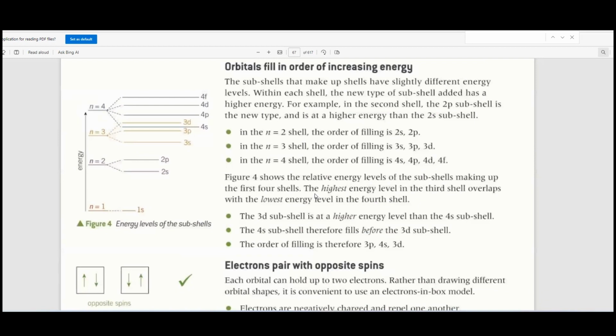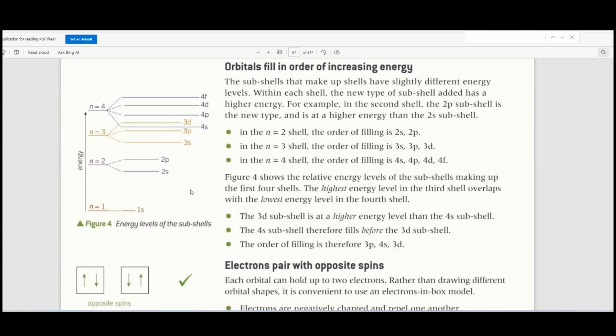So 4s comes slightly down in the energy level compared to 3D. 3D has higher energy than 4s. That actually means that 4s will be filled first, then 3D will be filled after that.